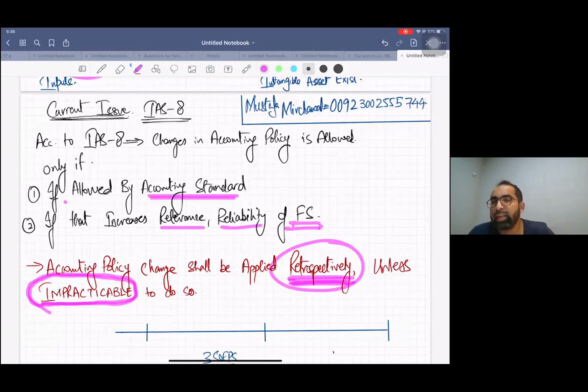This is called impracticability. Go to the point in the past where it is practicable, or in easy words, possible to do so.